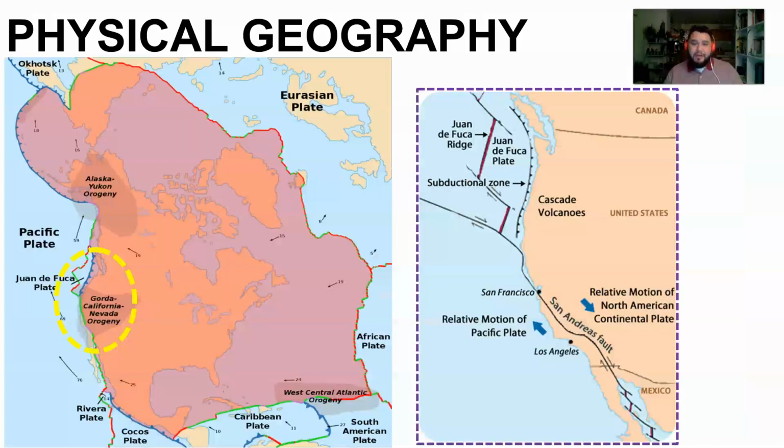Moving on, just briefly to talk about tectonic plates. The North American plate is the largest tectonic plate of the region, which encompasses Mexico, Canada, and the United States.